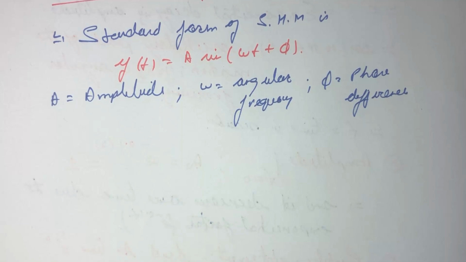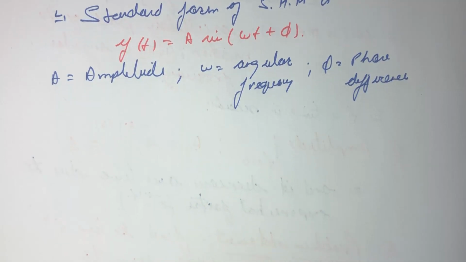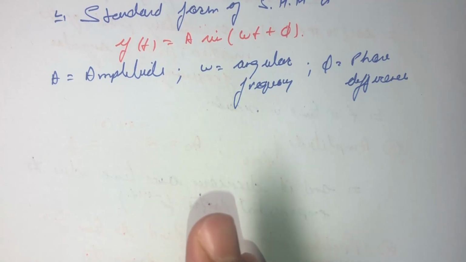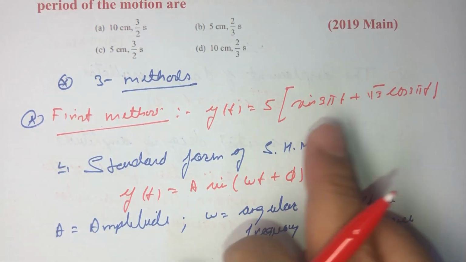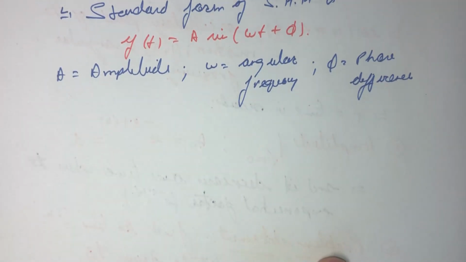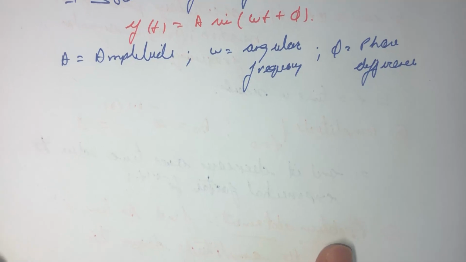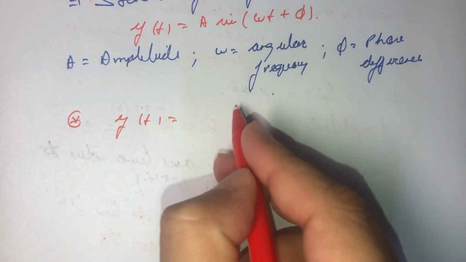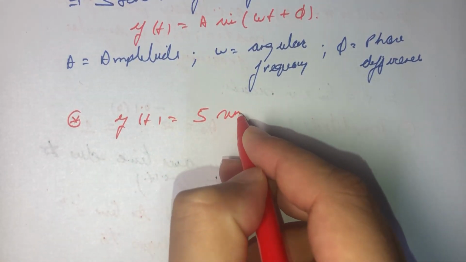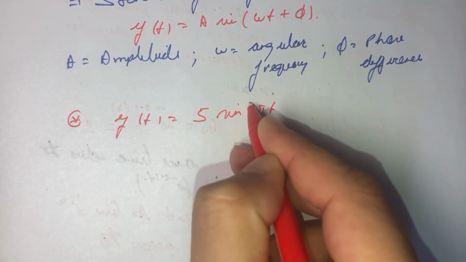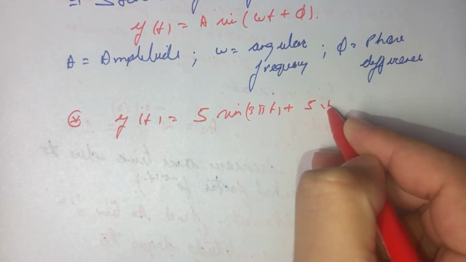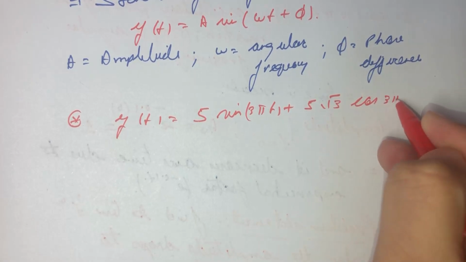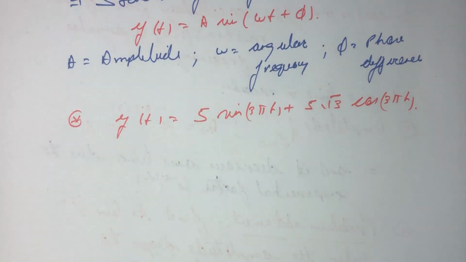In order to find the equation when the two trigonometric terms are combined, we can write y(t) = 5 sin 3πt + 5√3 cos 3πt.